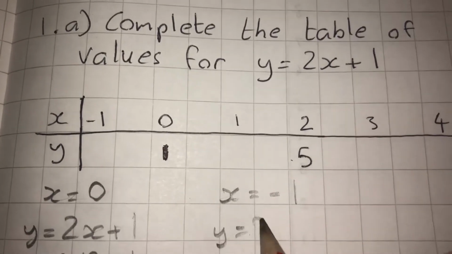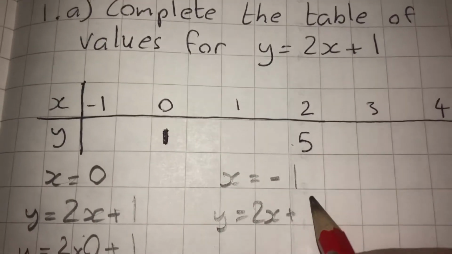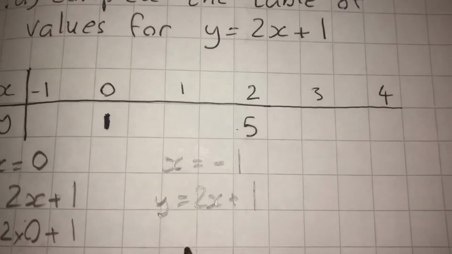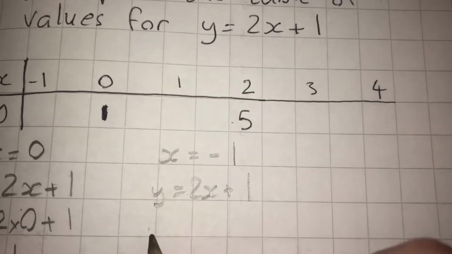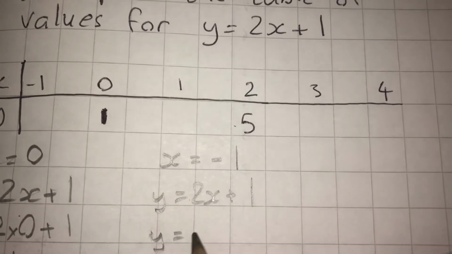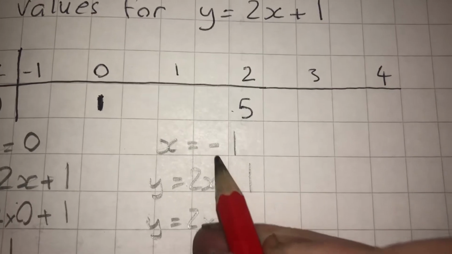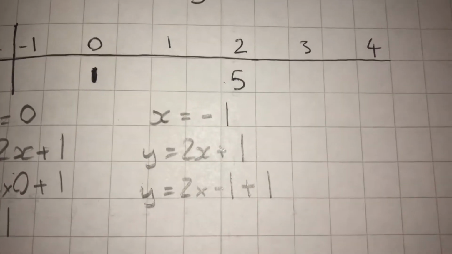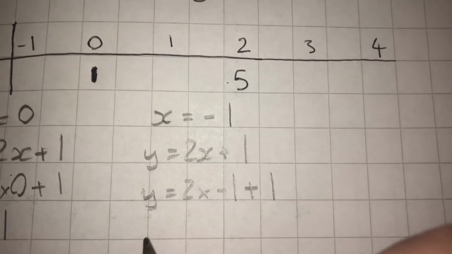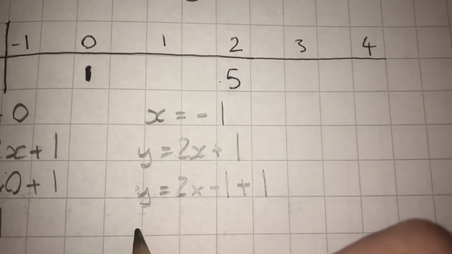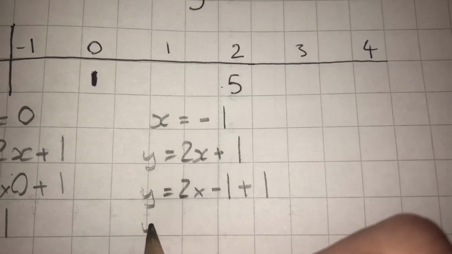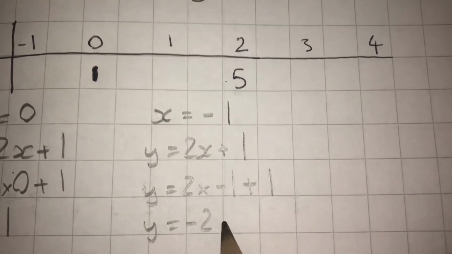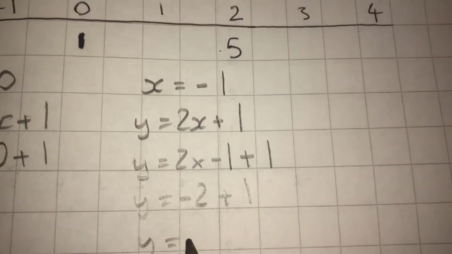So y equals 2x plus 1, we're using the same equation each time that they give us in the question. y equals 2 times -1 plus 1. Again, you can use your calculator for this in the M2, 3 or 4 exam. 2 times -1 is -2, plus 1 is -1.